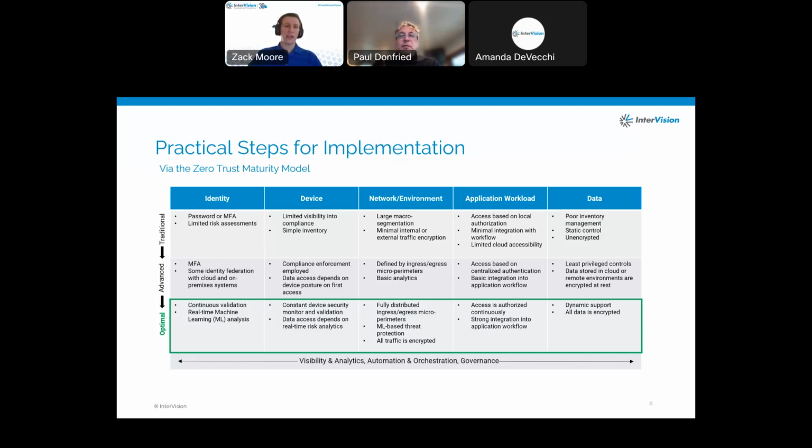So as we move up the chain, move towards optimal, Paul, what do you think some of the more important things to prioritize for customers on their zero trust journey look like?